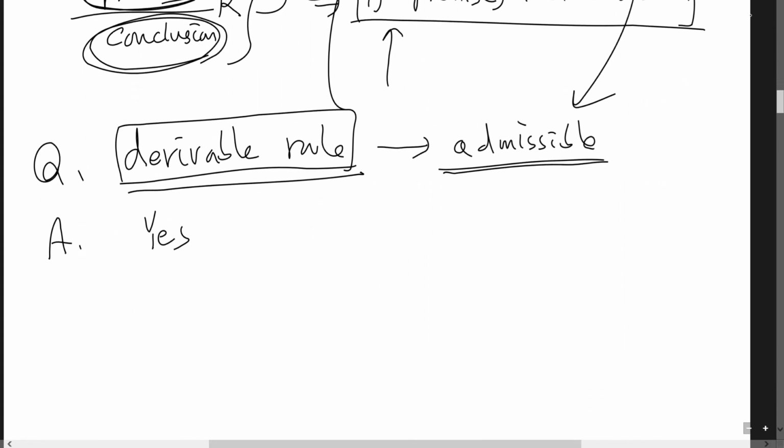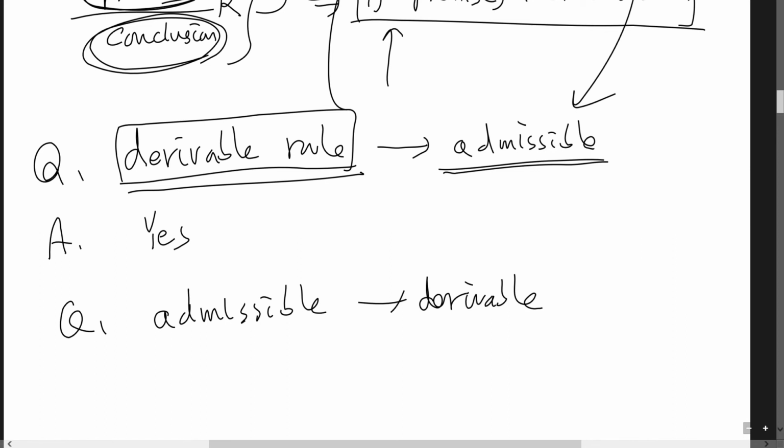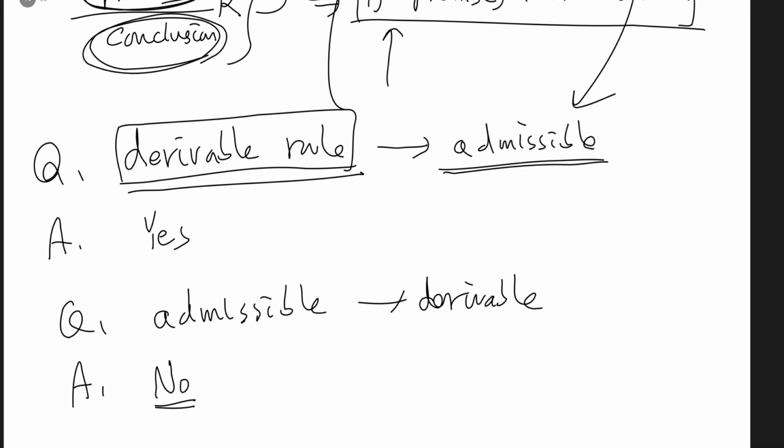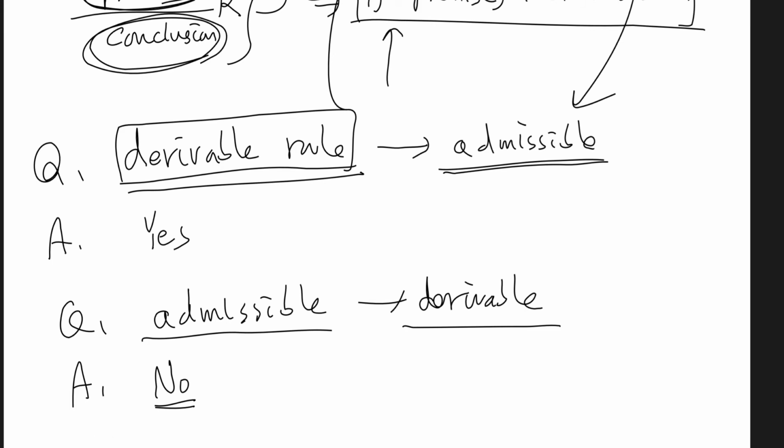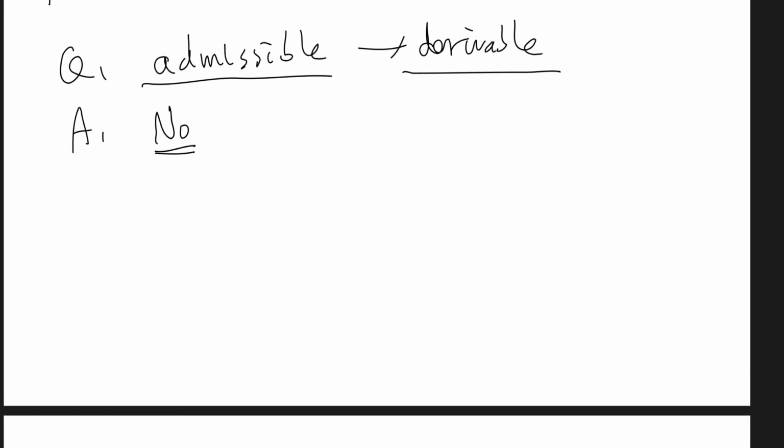What about the converse? Is an admissible rule a derivable rule? And it turns out that the answer is no, for good reason. We can actually find a counterexample where the inference rule is admissible, but it's not derivable. So here's an example. Let's consider this inference rule.